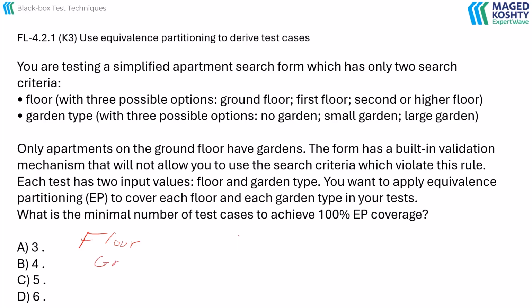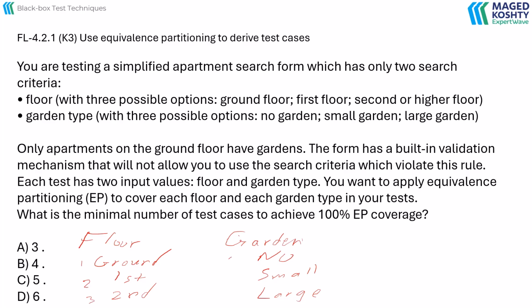Do the values under each variable behave the same? The answer is no. An apartment on the ground floor, first floor, second or higher floor may not look the same. Same thing for the garden type. An apartment with no garden will not look the same as one with a small garden or a large garden. So, each value is a partition by itself.